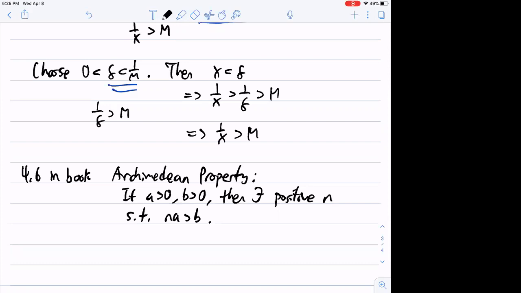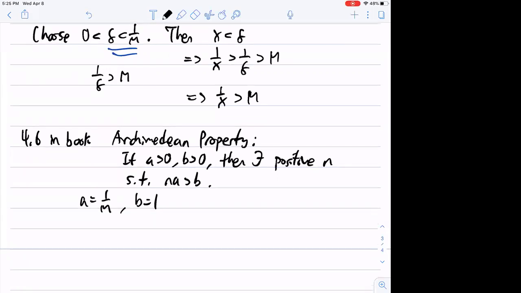So this seems clear, but what we're going to do is apply it, with a being 1 over m and b equal to 1. So this Archimedean property says there exists n such that n over m is bigger than 1. But if you flip it, multiplying by 1 over n on both sides, this is saying 1 over m is bigger than 1 over n, right?